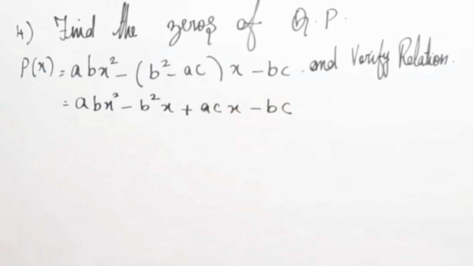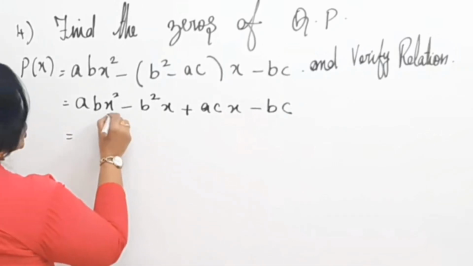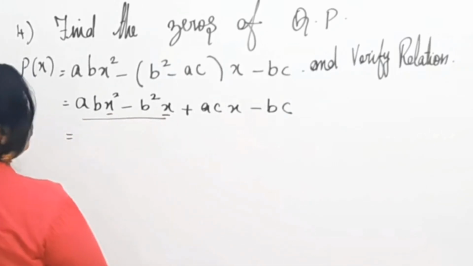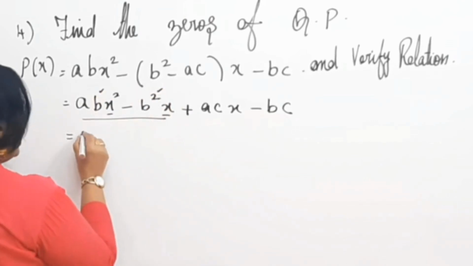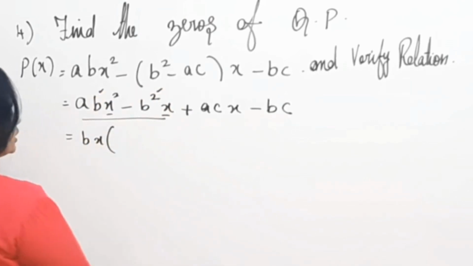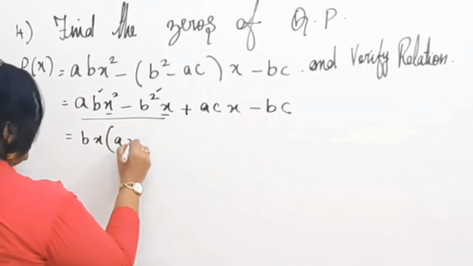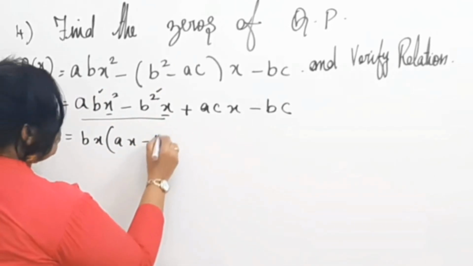So this is my polynomial. Now I group it: b and b is common, so I would take bx outside. I'm left with ax minus b.